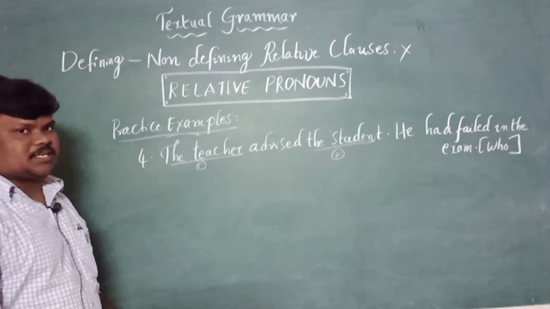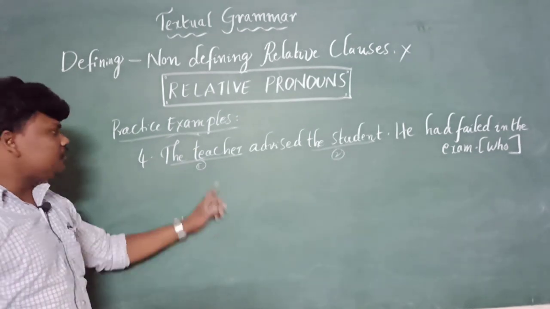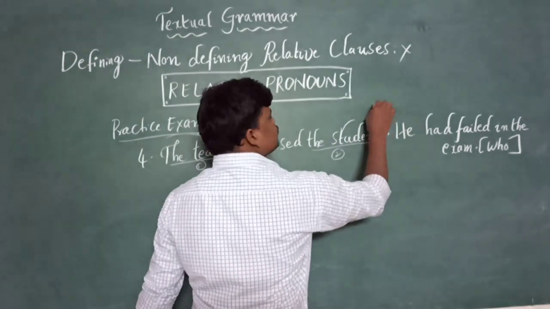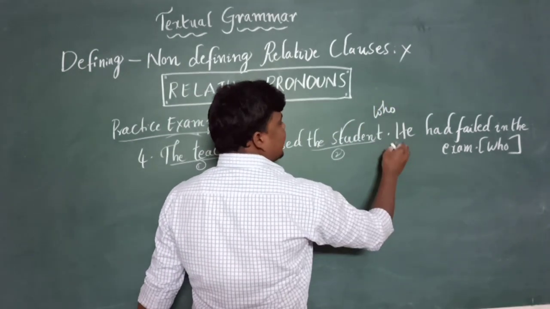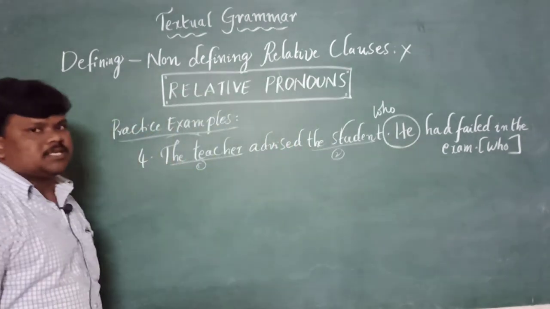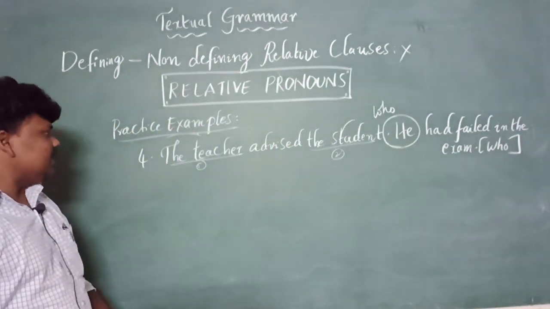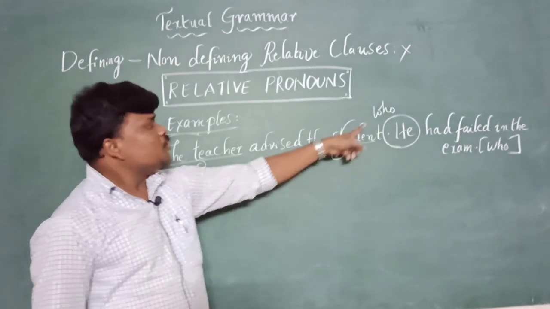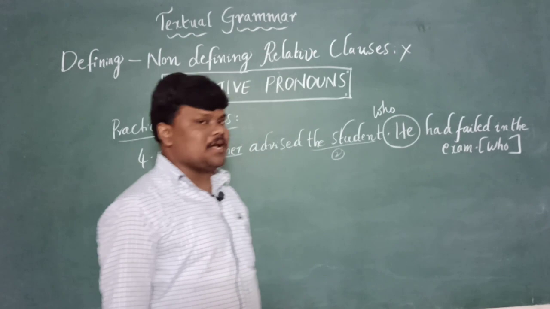If two nouns are there, the second noun immediately follows who without any doubt, and remove the pronoun which is very close to the student. See, now the answer is: the teacher advised the student who had failed in the exam.